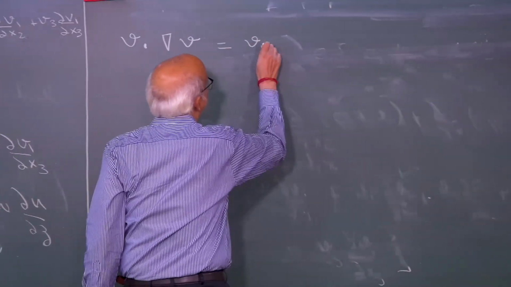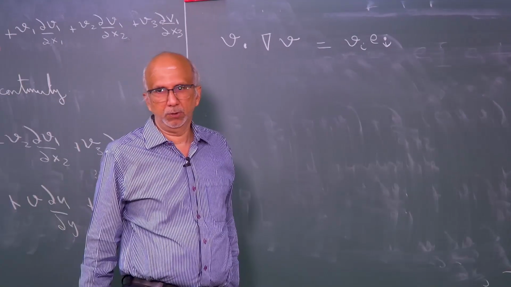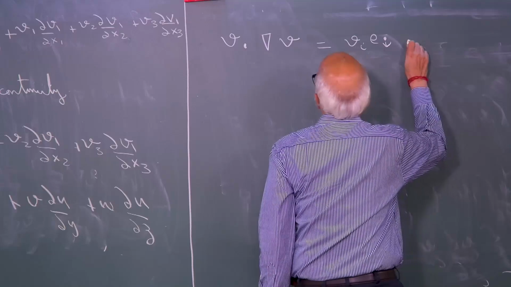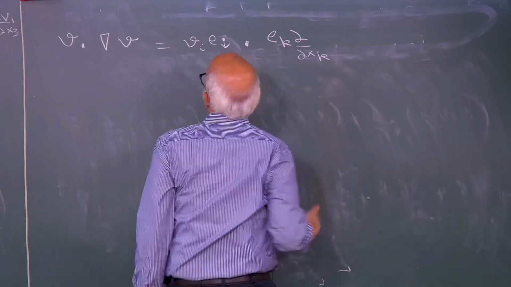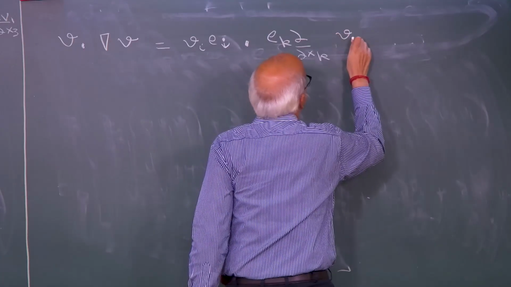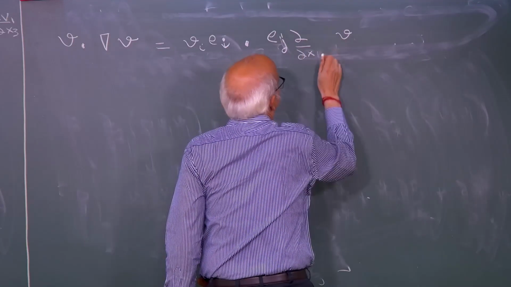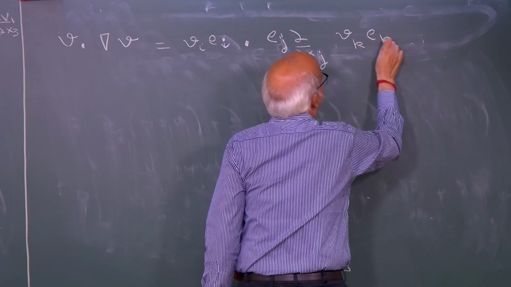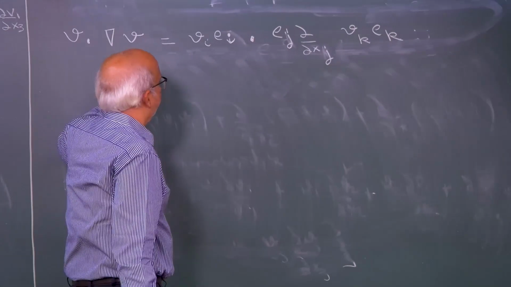V again I write as Vi Ei, and the dot remains as dot. This gradient is Ek d by dxk, that is my gradient operator, acting on V, which is Vj Ej. I forgot a j, let me put j.